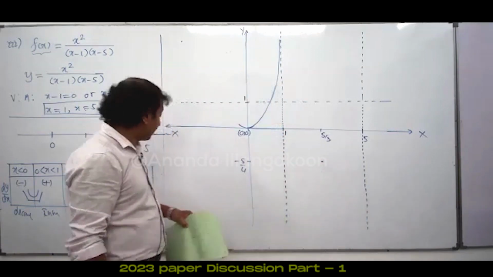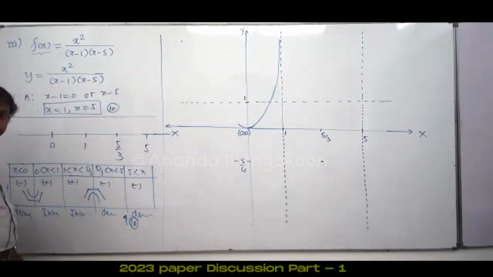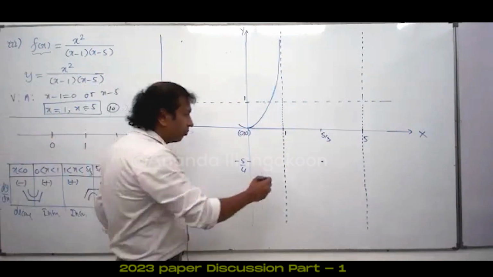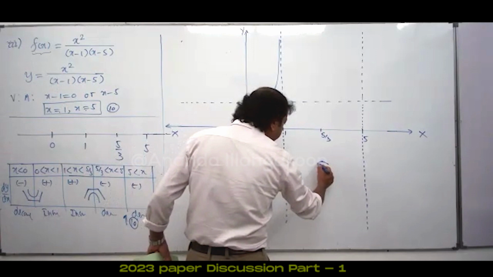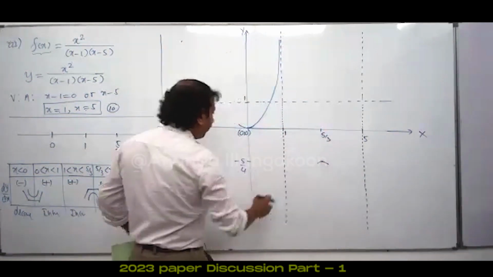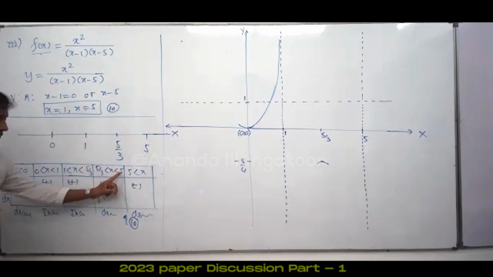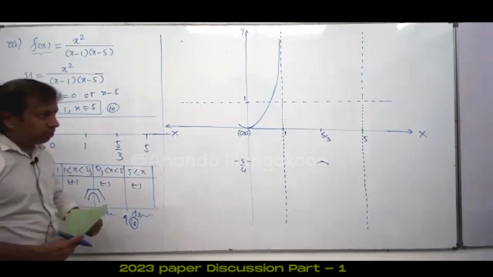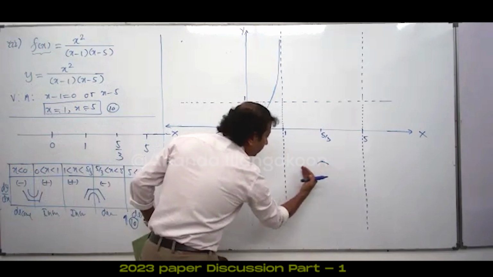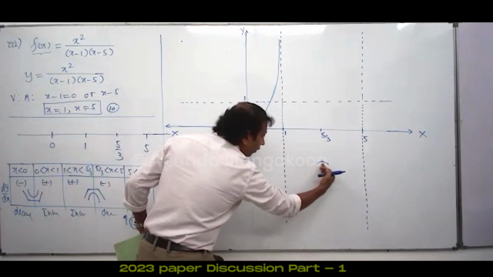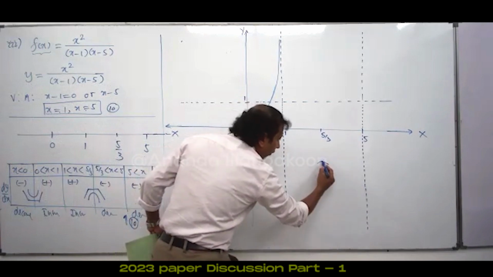There's a maximum here. Okay, maximum. Then the shape should be this way. Between 1 and 5 by 3, gradient positive. Between 5 by 3 and 5, gradient negative. That means on the left of this, positive gradient, on the right of this, negative gradient. So therefore, it will be like this.